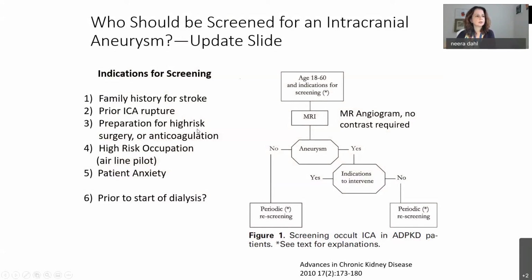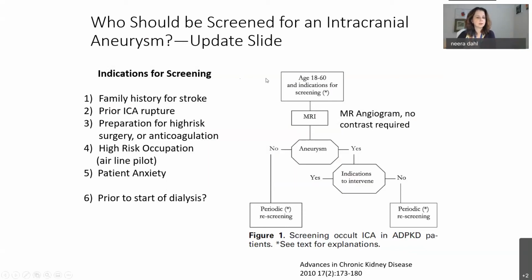If they're in a high-risk occupation, such as being a pilot, that might be a reason for screening, or if they're in anticipation of high-risk surgery. And the screening that we've been using is an MR angiogram, which is without contrast, time of flight imaging. And who to screen, how often to screen, I think those are areas of true debate still.